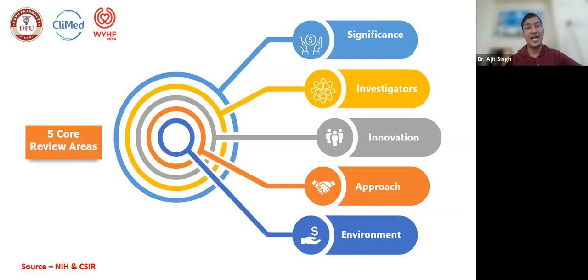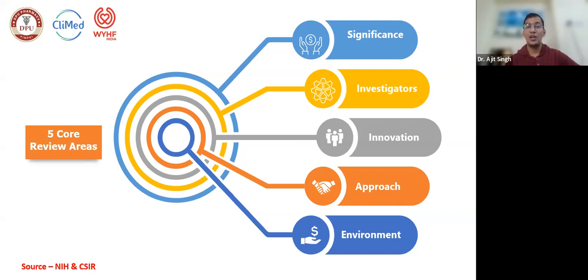Okay, and then the environment. What I'm talking about is what is the institution, how much were you involved in the research, what did you do in your projects, what was your project idea, till what stage it went, whether it has been published or not, what were the results, whether they were significant or not significant, whether they had some impact on society. That is very important.